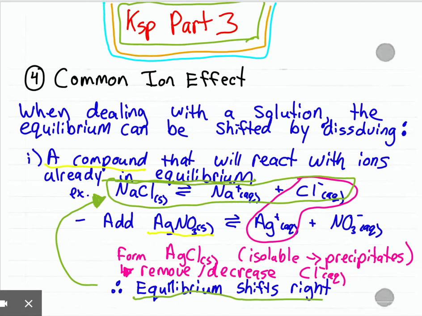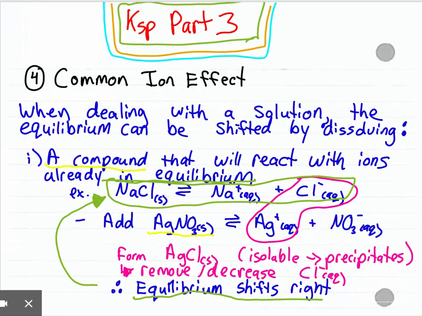All we're doing is applying Le Chatelier's principle that you already know, and we're going to look at what happens mathematically in a minute. So the first way is that we add a compound, and the compound reacts with the ions in equilibrium, removes one of the ions from the equilibrium, and so we get a shift because there's a stressor to the system, and the system is going to react to counteract that stressor.